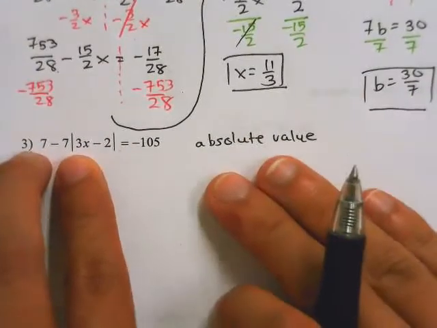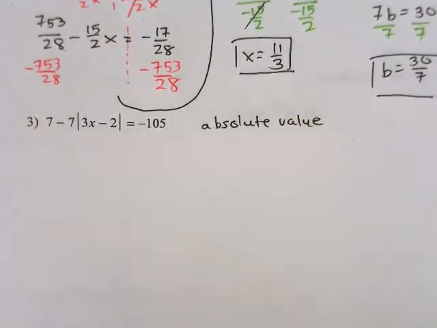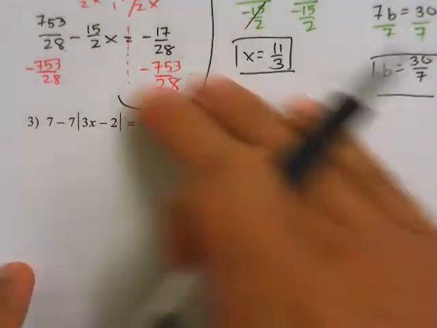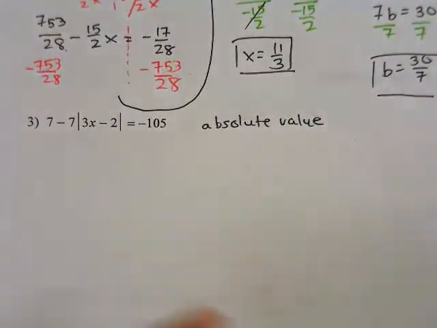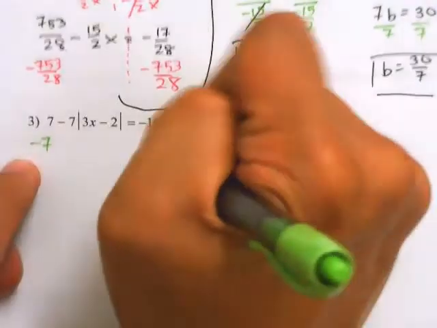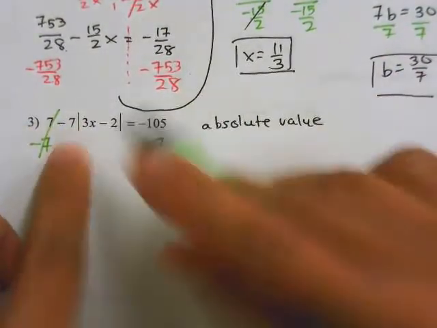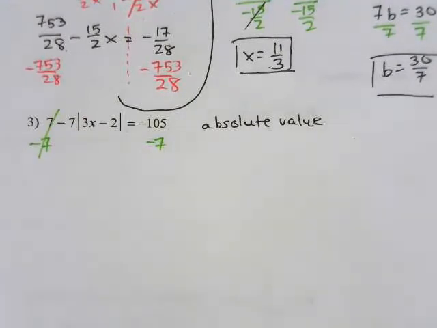So my recommendation to solve these absolute values and any other function after that is you want to try to take out what's outside of the absolute value before you take some action on the inside. So what I mean by this is you see this dangling positive 7. I would attack that first by subtracting 7 on both sides. So you want to kind of just isolate the absolute value by getting rid of all the outer parts first.